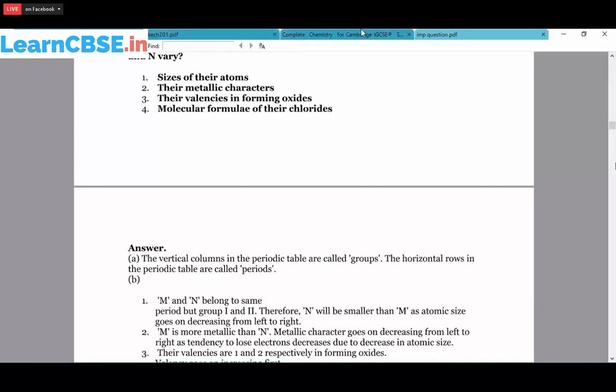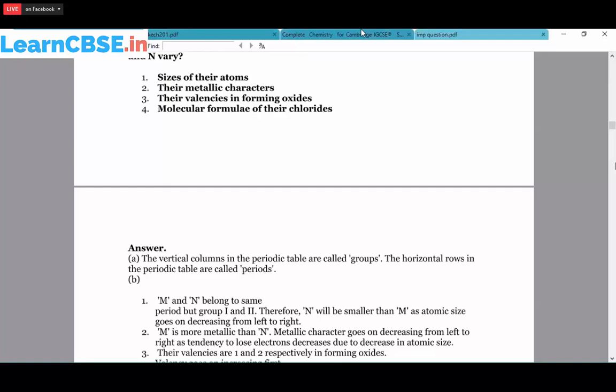Next one is their metallic character. As we know, all the metals are placed on the left-hand side of the periodic table. So when you move from left to right in the periodic table, the metallic character decreases. So sodium has more metallic character than magnesium. The next one is their valencies in forming oxides.